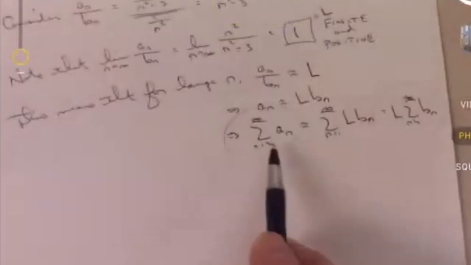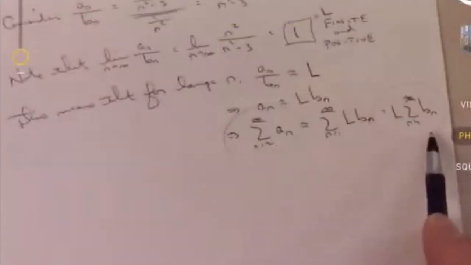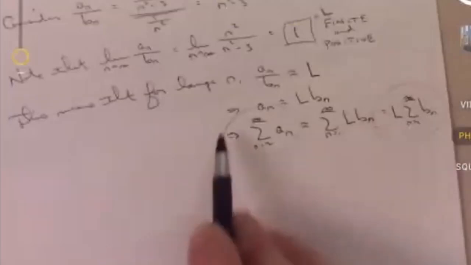Since this is pretty close to that, and since this converged, this is going to converge also to something that's about, not exactly by any means, but about L times this series.